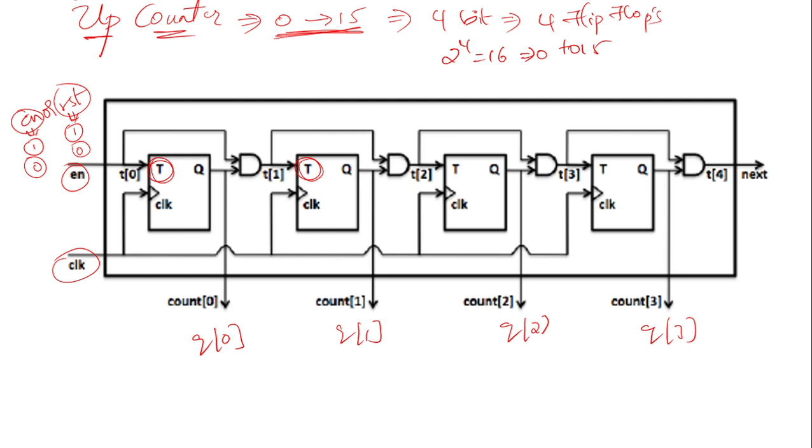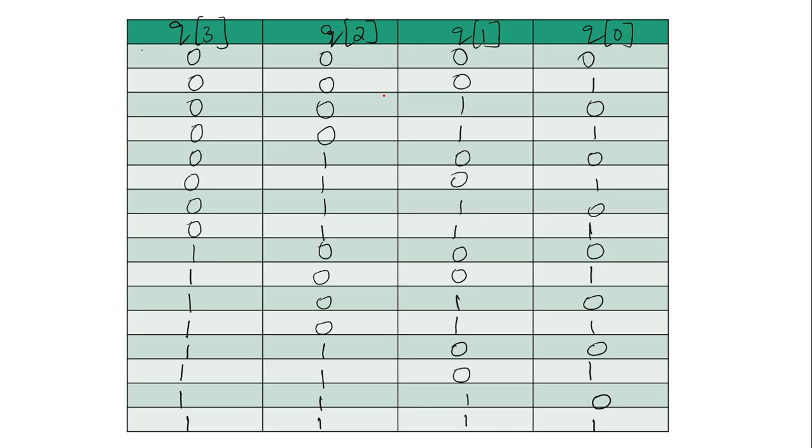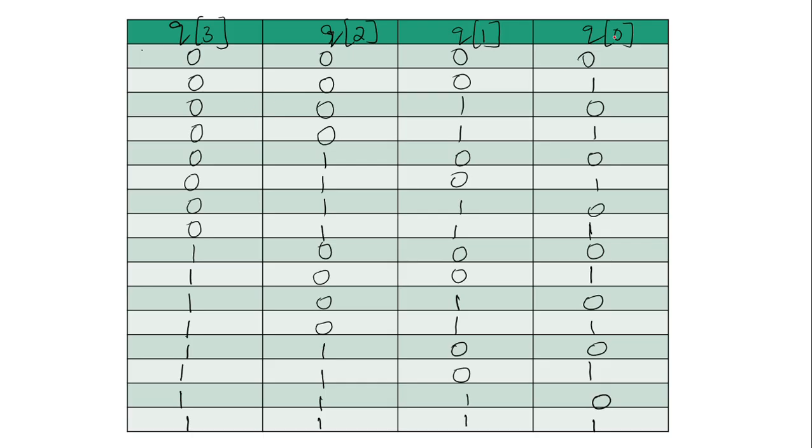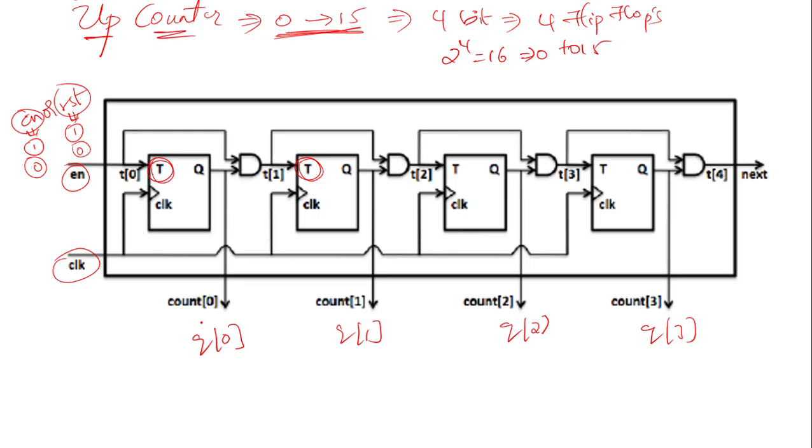See here, by using this truth table you can also understand this diagram. When you give the input T of 0, you get this particular output Q of 0.